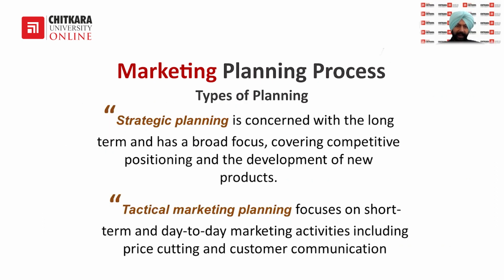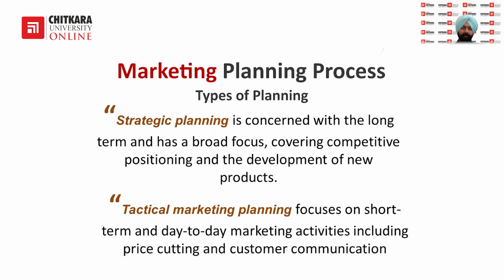Now we're trying to look at types of planning. It could be strategic, or it could be tactical planning that one can have. So the word strategic, what does it mean? That means they need to have a long-term plan in place.